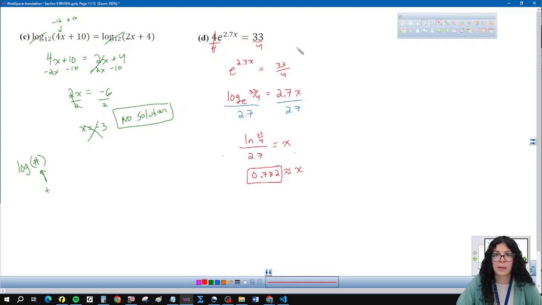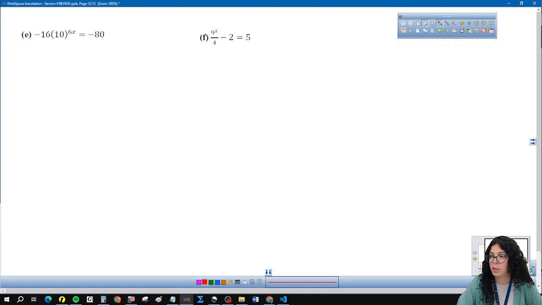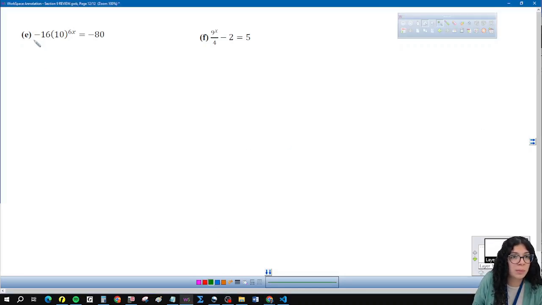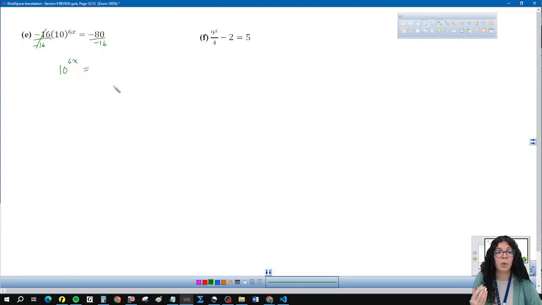Okay, and moving on to part E. So on part E, we have another exponential equation here. So I'm going to first get the exponent by itself. I'm going to divide by negative 16 on both sides. So that would be 10 to the power of 6x equals, well, negative 80 divided by negative 16 will be a positive 5. And now I need to change it to log form.